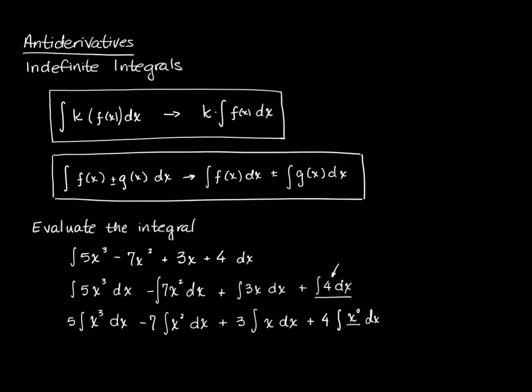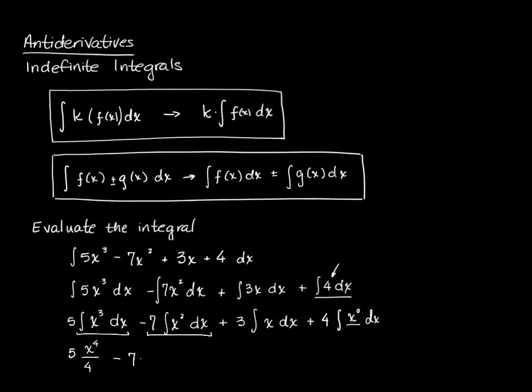In this first term, I have 5 times the integral of x cubed. That's 5 times whatever that integral is. And the integral of x cubed is x to the fourth over 4. Or again, 1/4 x to the fourth if you prefer. In the second term, I have -7 times an integral.